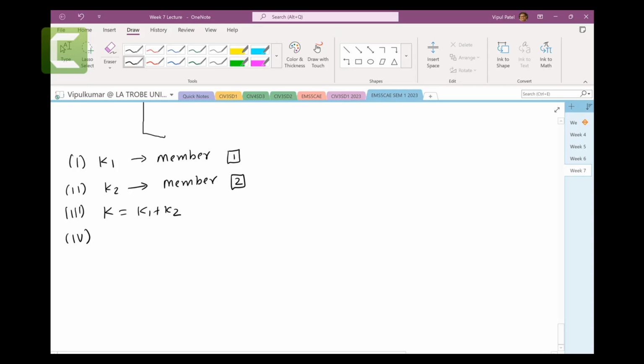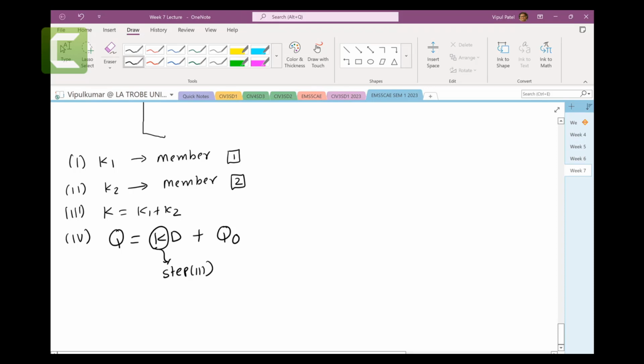So let me get the equations for you. So we get the Q0 matrix, and finally we're going to do K equal to KD plus Q0. Those are the equations that we're going to use. We already found this capital K in step number 3 here.